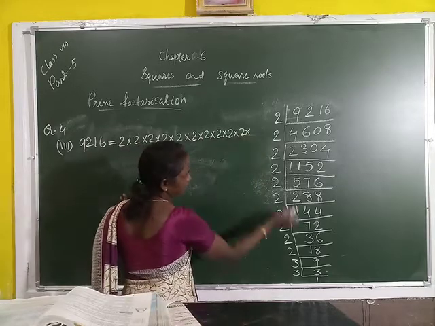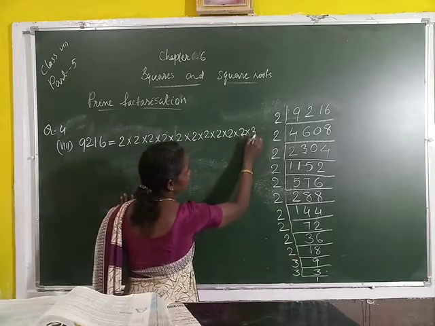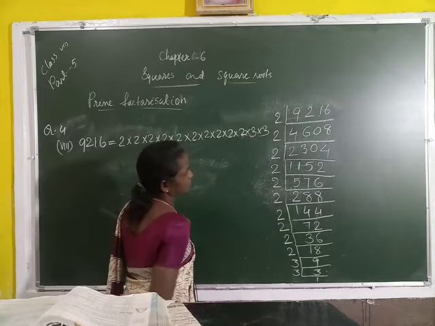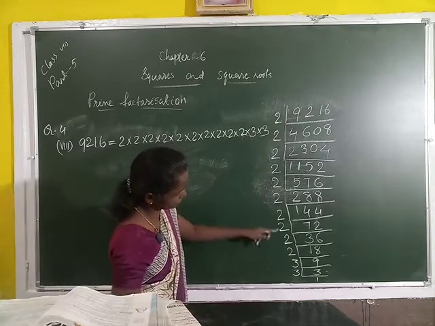Then into how many 3s? 2 threes. 3 into 3.